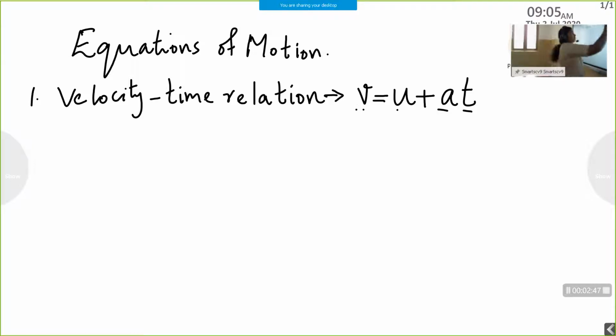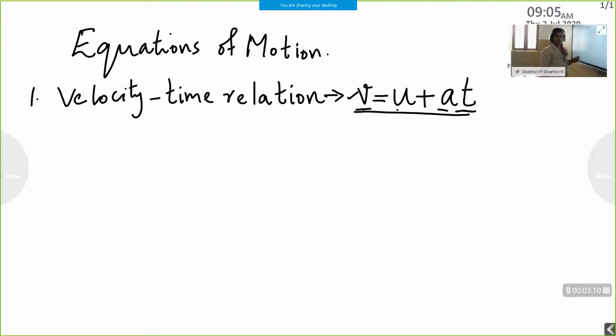So we are relating velocity and time in the first equation of motion. If you are asked to write the first equation of motion, you have to write this equation, V is equal to U plus at. Or sometimes you will be asked to write the velocity time relation, then also you have to write the same.